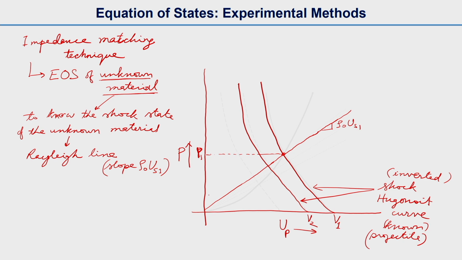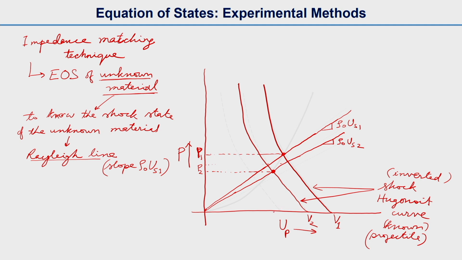Then again we will draw another Rayleigh line, which comes from the origin and has a different slope, rho naught US2, and similarly for pressure P2.